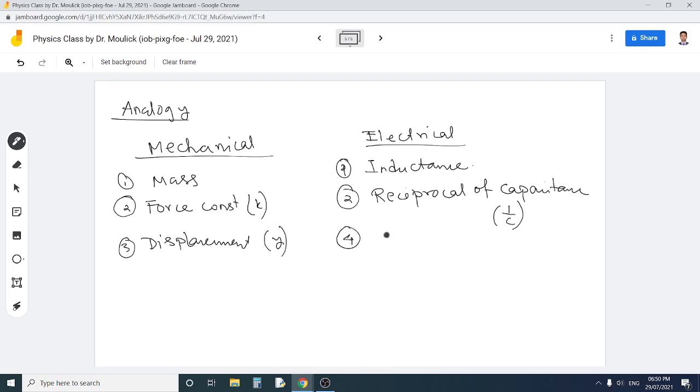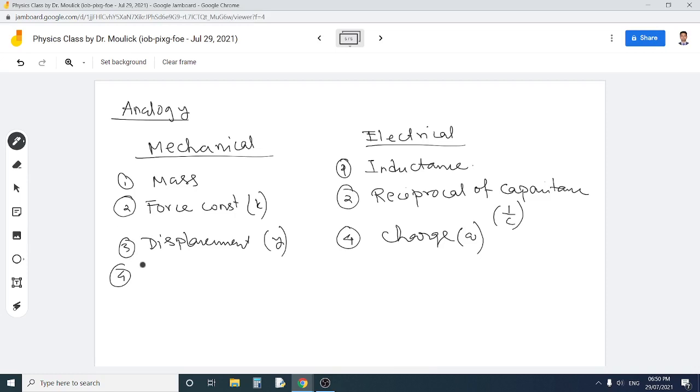In this case, we have charge. Because displacement you otherwise write as Y is equal to A sine of omega t in a mechanical oscillator. In an electrical oscillator, we write Q is equal to Qm sine of omega t or cos of omega t, whatever you write. So displacement has an equivalence with the charge.